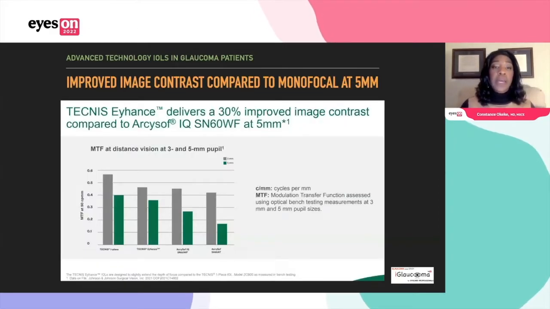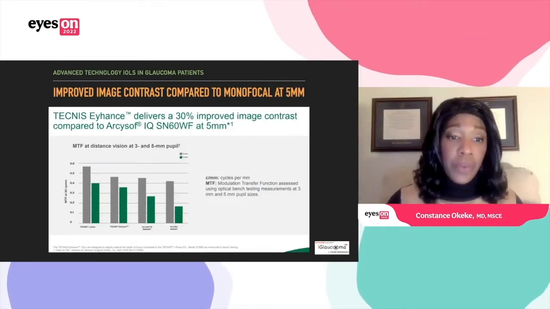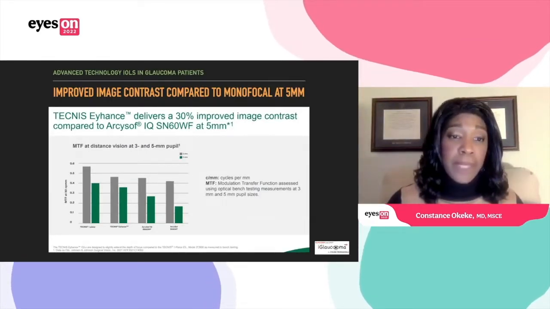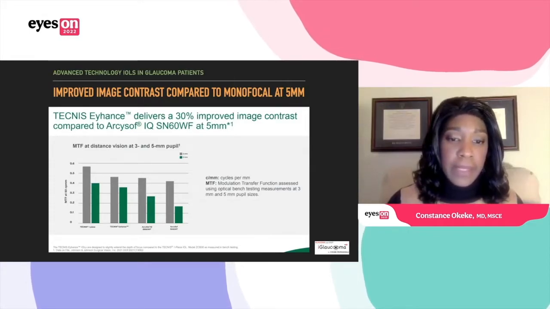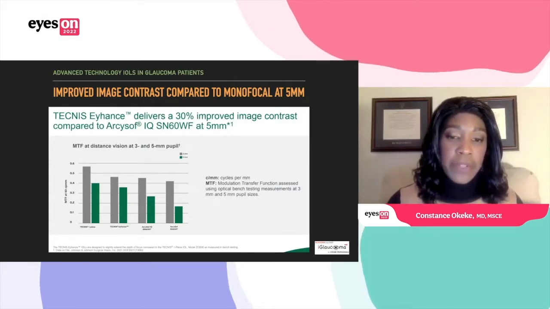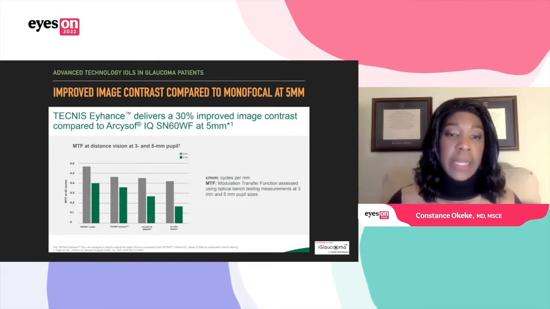Also, the Eyhance has been shown to have some improvement in contrast sensitivity. Here on the graph, we have various lenses being evaluated: the Tecnis one-piece, the Tecnis Eyhance, the Acrysof SN60WF, and the Acrysof SA60AT.